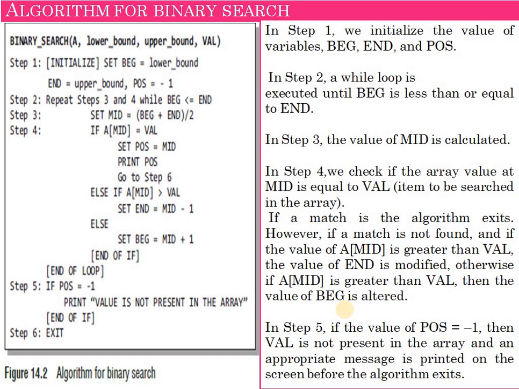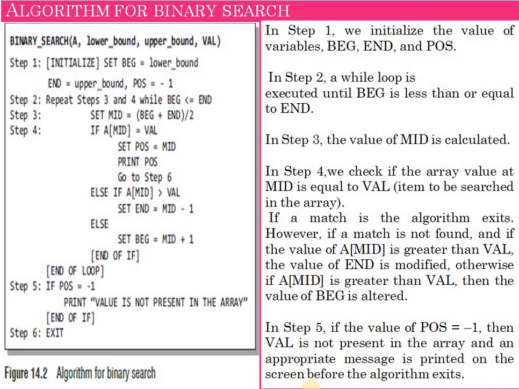Again, each time we are comparing half of the array. This is binary search. In linear search, we have to check n times, equal to the size. If the array size is n, then we have to check n times.